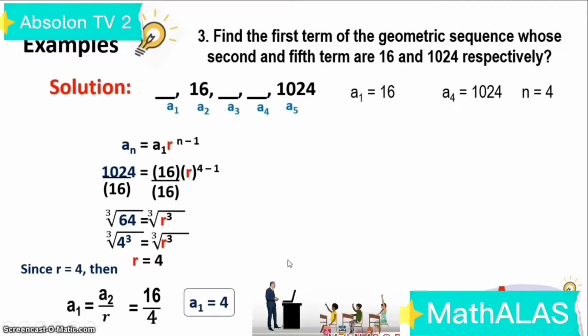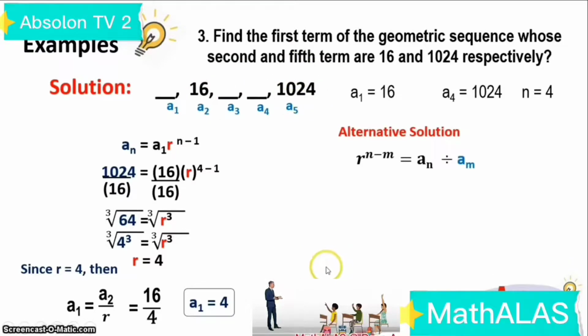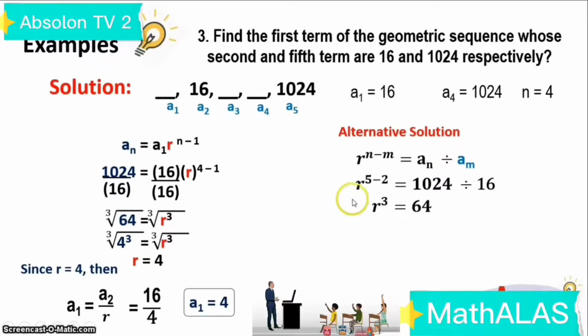Now, again, using the alternative solution in finding the common ratio, we can start by dividing 1024 by 16. This is the beauty of it. 1024 divided by 16 is 64.